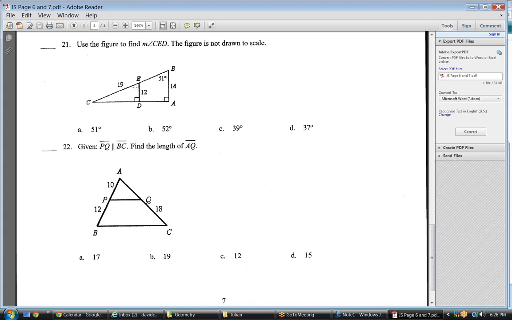This angle right there. Well, since they're both right angles, that makes it the same. So 51. What it does, the fact that that is a right angle and that is a right angle, makes ED parallel to BA.